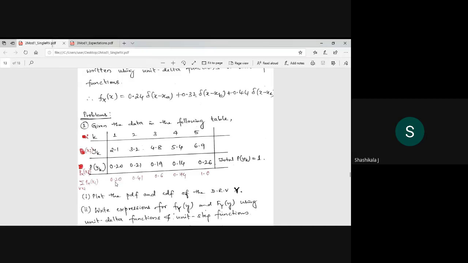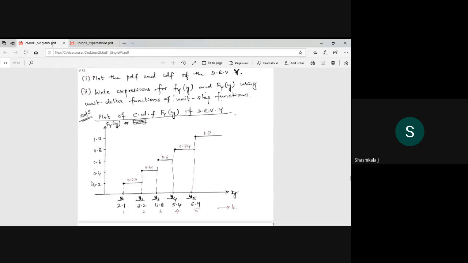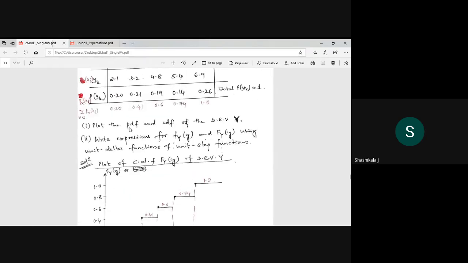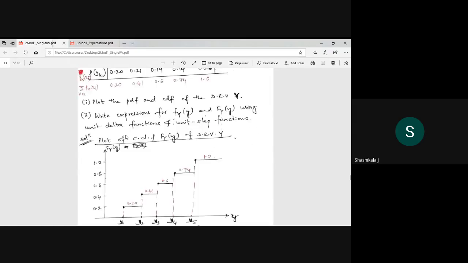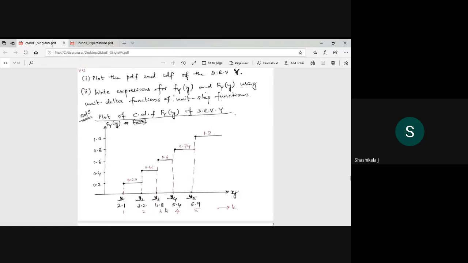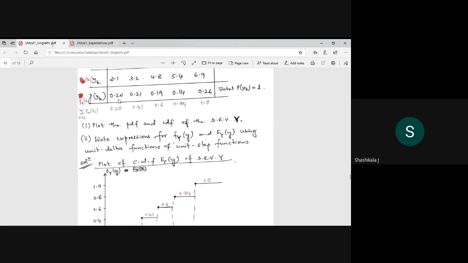In order to draw the graph, I need the y-axis, I need the height at each point. So to calculate this, for y of 2.1, the probability is 0.2. For 3.2, the height is this plus this, 0.21 plus 0.20, so it is 0.41.